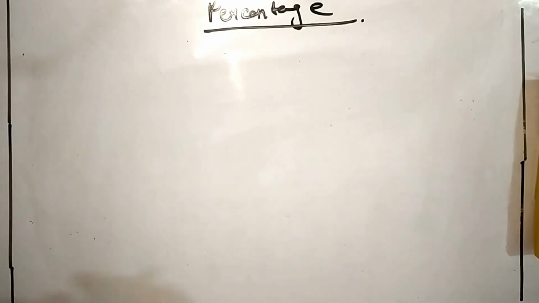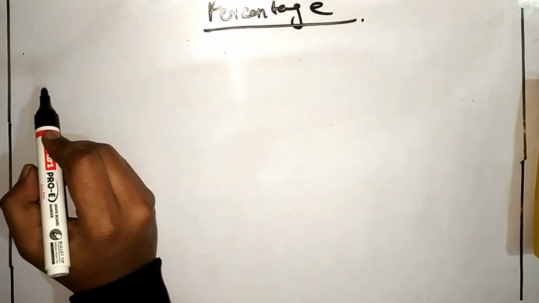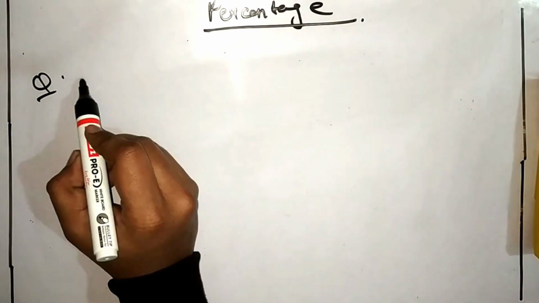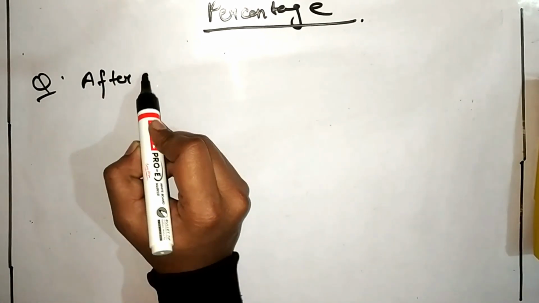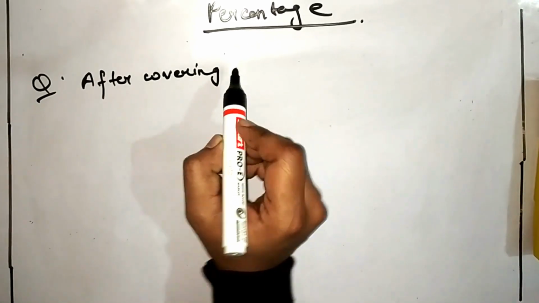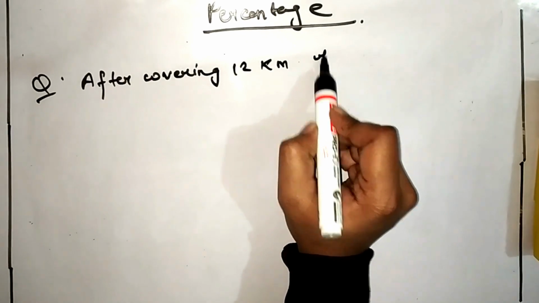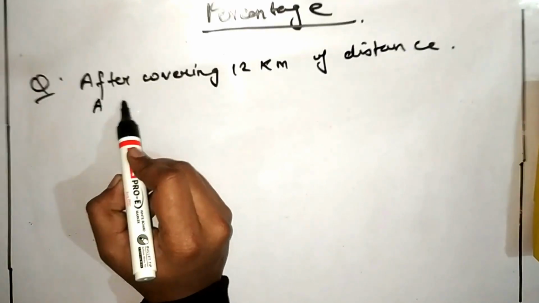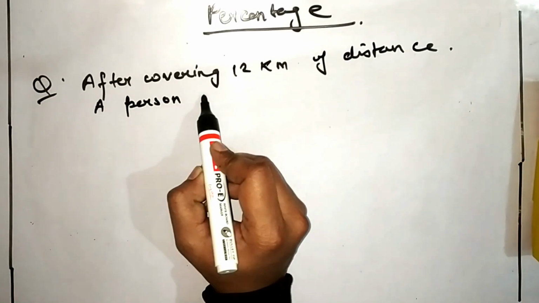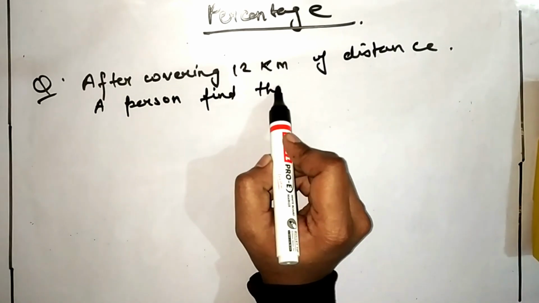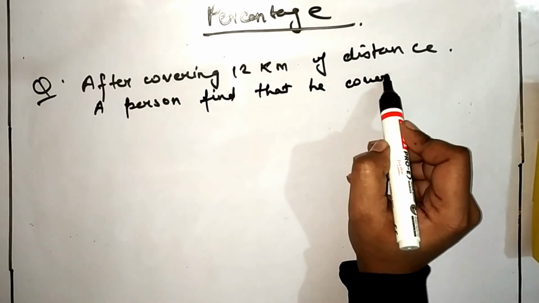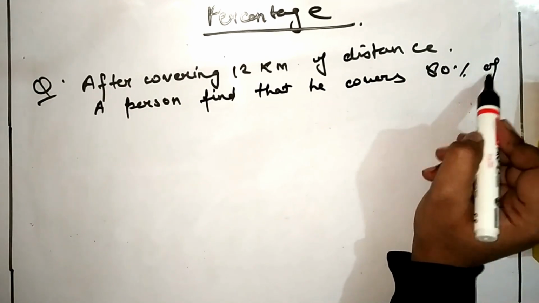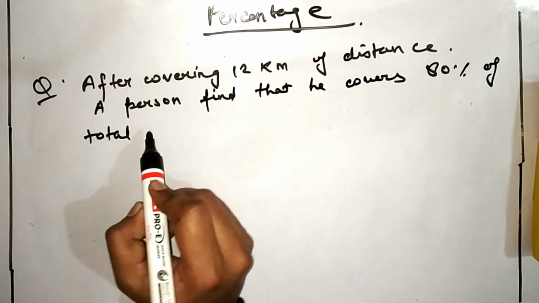Now let's do some UPSC question. The question is, after covering 12 kilometers of distance, a person finds that he covers 80% of total distance.